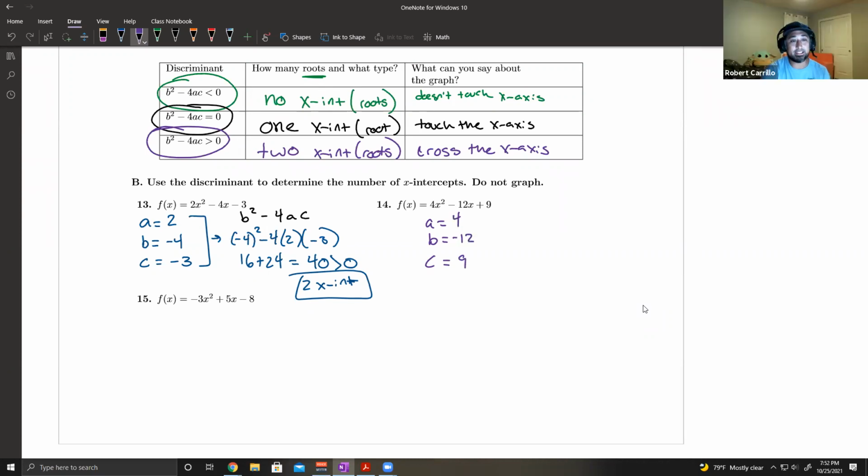Don't forget your negative. So negative 12 squared, and then minus 4 times A times C. This gives me positive 144 minus, and then 4 times 4 is 16. And what is 16 times 9?